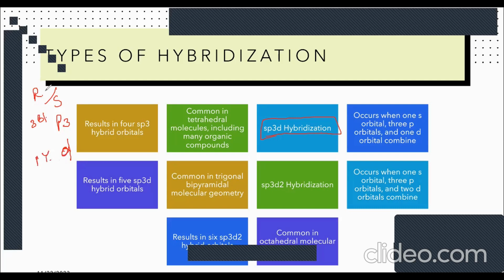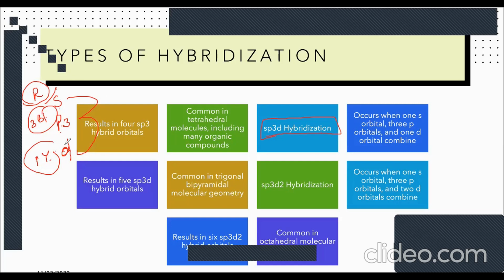I am mixing all these: 1 red color, 3 blue color, 1 yellow. So how many am I going to get? Yes, trigonal bipyramidal, because s and sp3 trigonal, s and sp becomes trigonal bipyramidal.